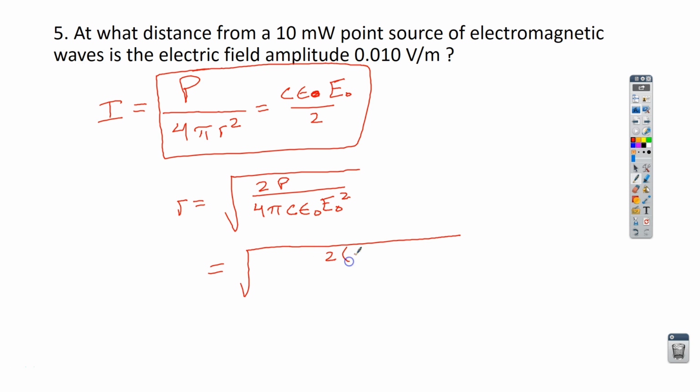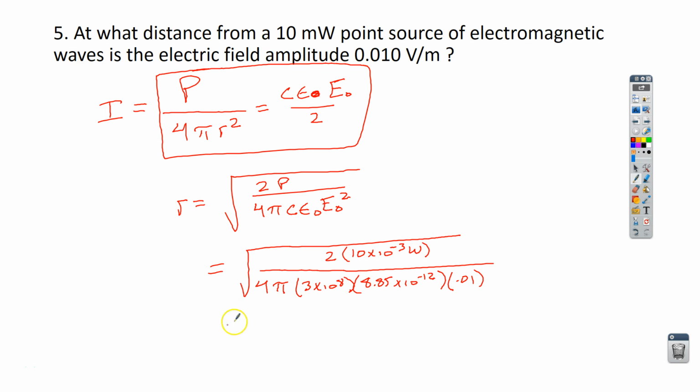So this would be 2 times 10 times 10 to the negative 3rd watts, because it's 10 milliwatts, divided by 4 pi, times the speed of light, 3 times 10 to the 8th, times 8.85 times 10 to the negative 12th, times our electric field strength, which is 0.01. Now that we've done that, you do all that math, you should get 77 meters.